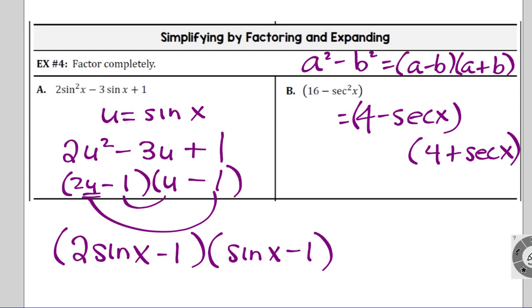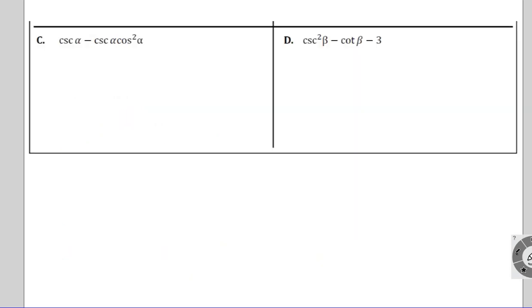All right, just a few more, I think. So still factoring, right? Some of the same techniques that we would use in factoring polynomials, they still apply here. So when you look at C, what do you notice? It's cosine and cosecant.